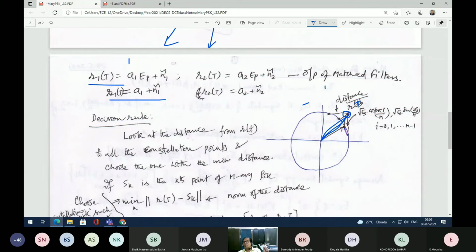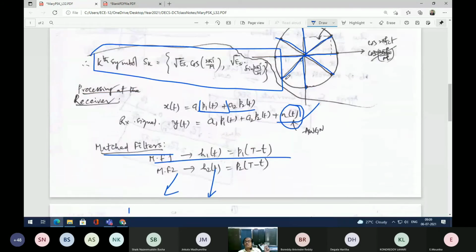It is a combination of R1 and R2, where this is R1 and this is R2. Now, for decision making, I have to find which is the nearest symbol. Originally we drew these points available on the circle.